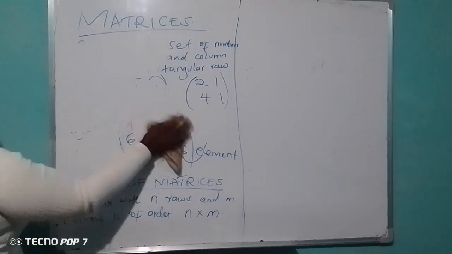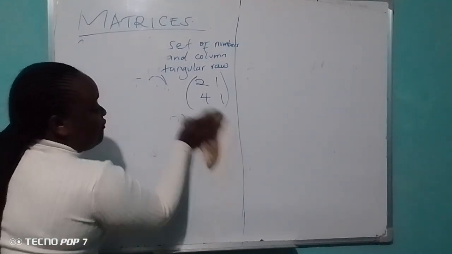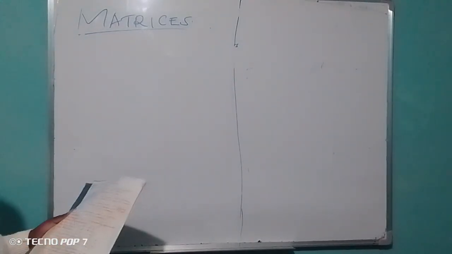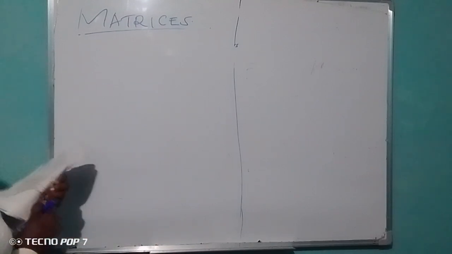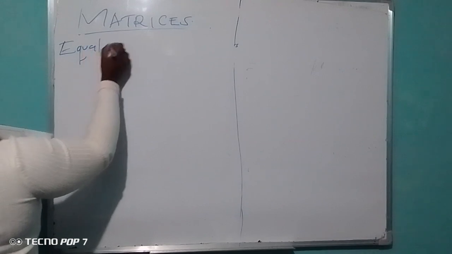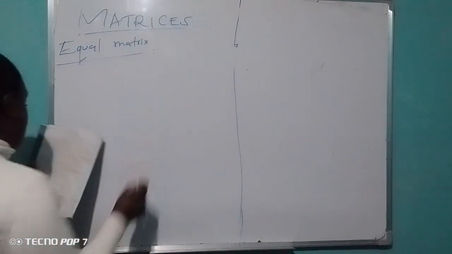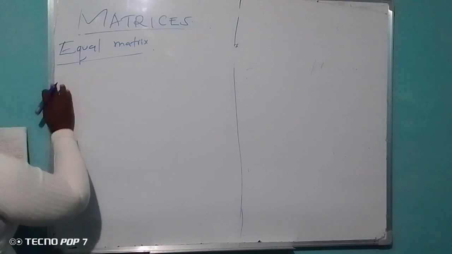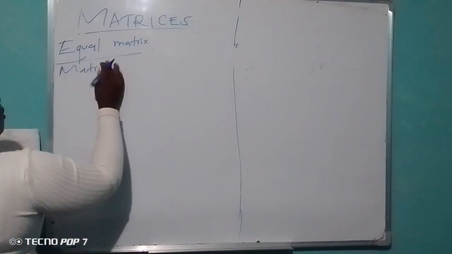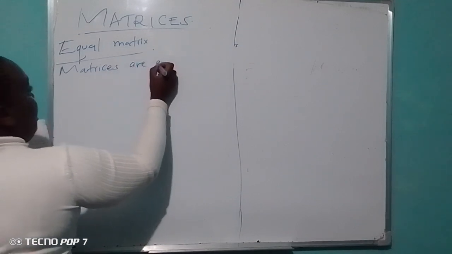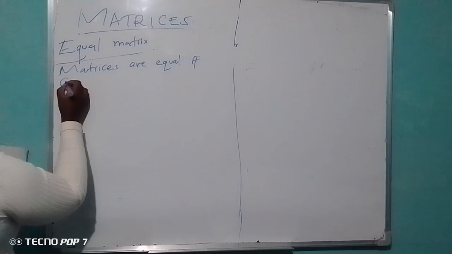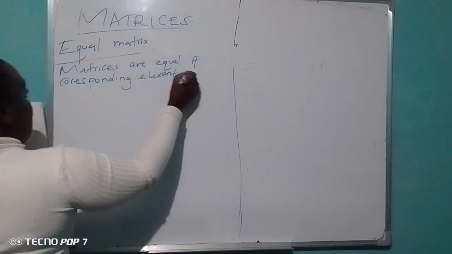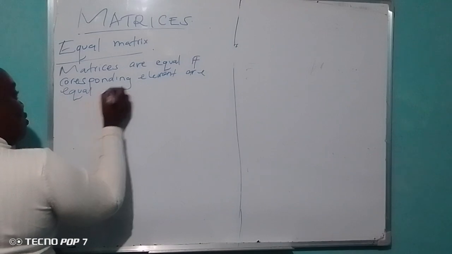We say that matrices are equal if corresponding elements are equal throughout.